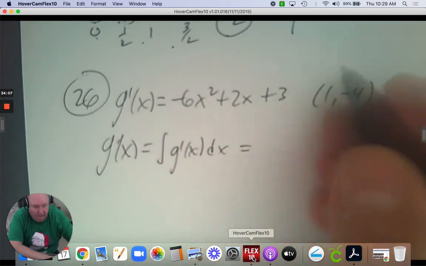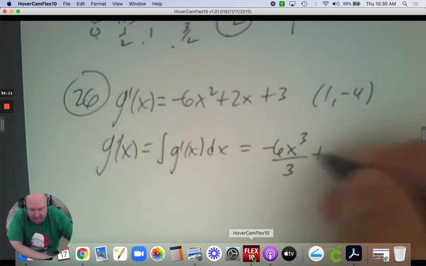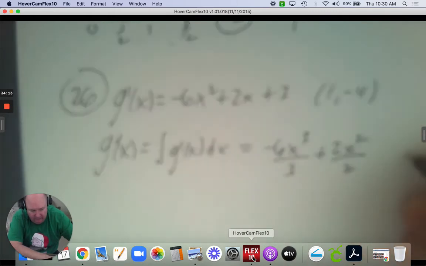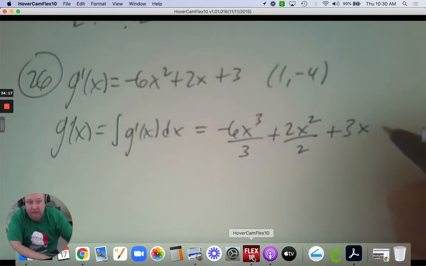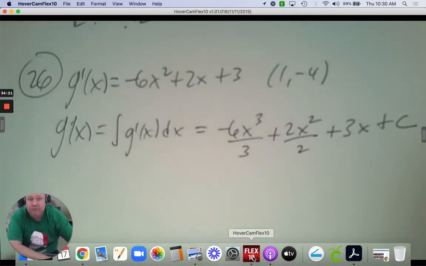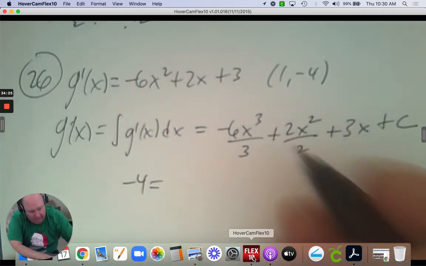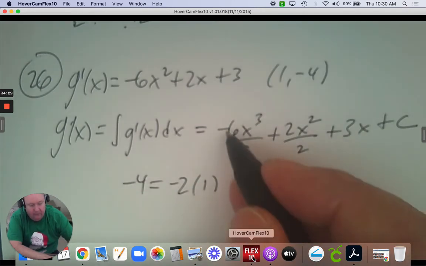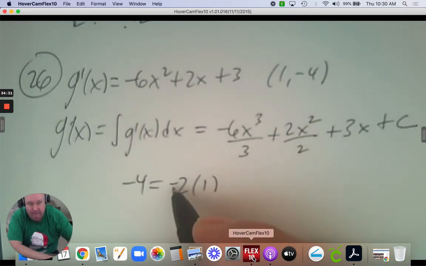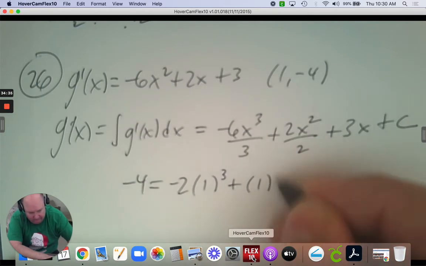If I integrate this, add 1 to the exponent and divide, add 1 to the exponent and divide, and then the antiderivative of 3 is 3x, and then the constant, and then we have a point to plug in. So we make it equal to negative 4 and plug in. Now negative 6 divided by 3, I am going to simplify it because we're in the middle of the question to make it easier.